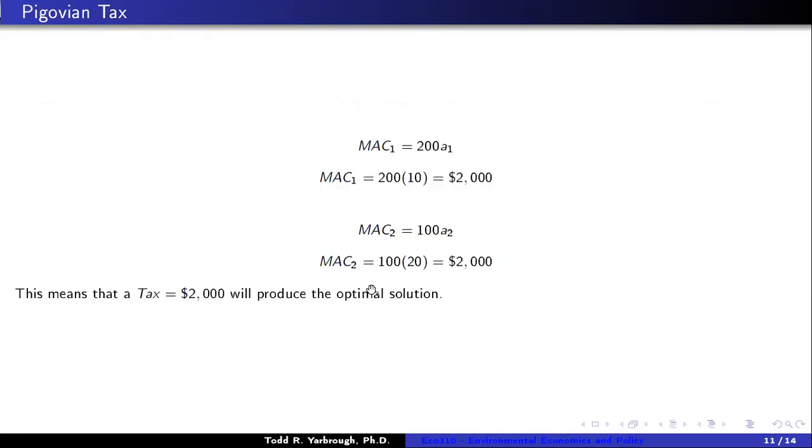So if I find at what level of marginal abatement cost I experience as firm 1 when I abate 10 units, I can see that that's $2,000. Well, when I check this for firm 2 and their abatement of 20 units, I also get $2,000.